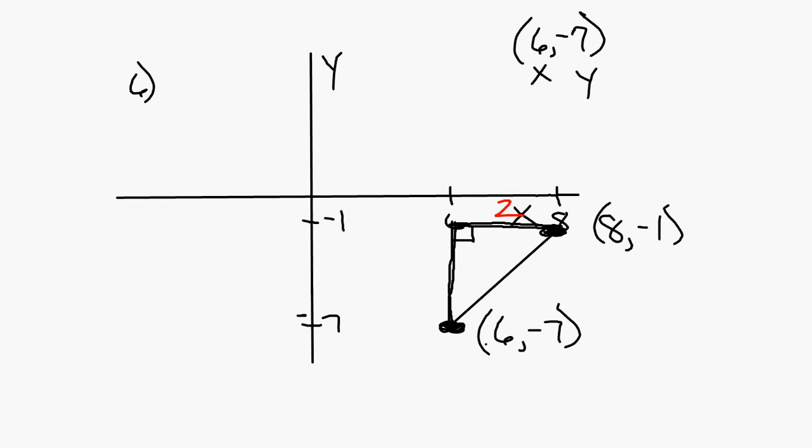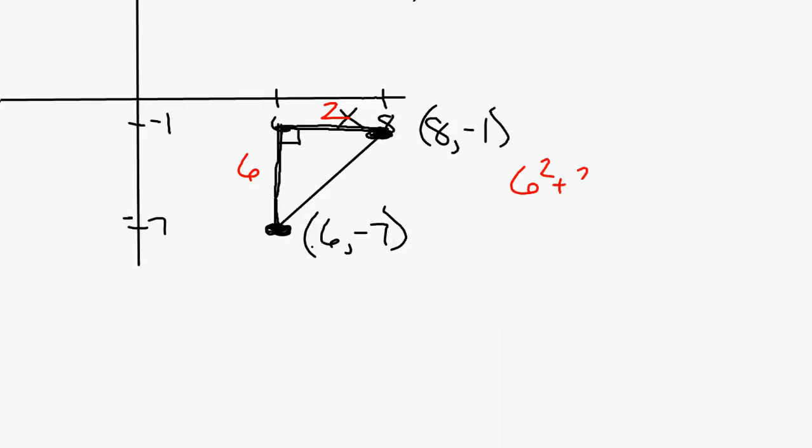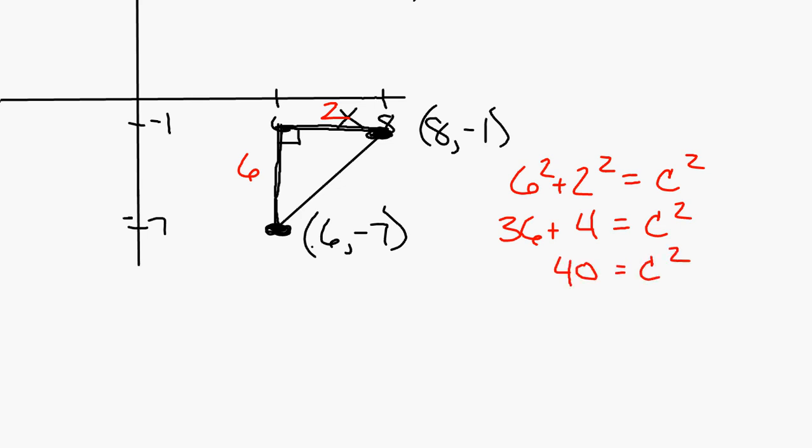There's your triangle, and you need the third side of a right triangle. So you can do the Pythagorean theorem. 6 squared plus 2 squared equals the hypotenuse squared. So 36 plus 4 equals your c squared. So 40 equals your c squared. And the square root of 40 in your calculator is 6.3.